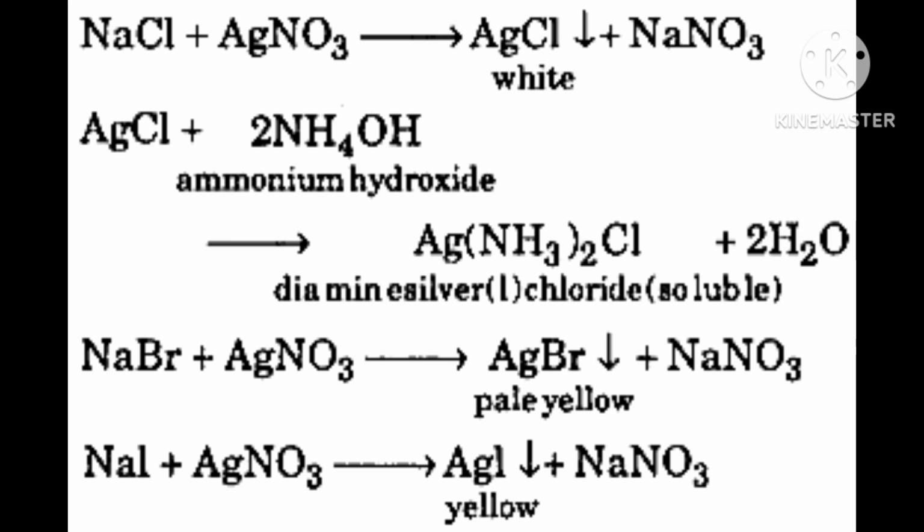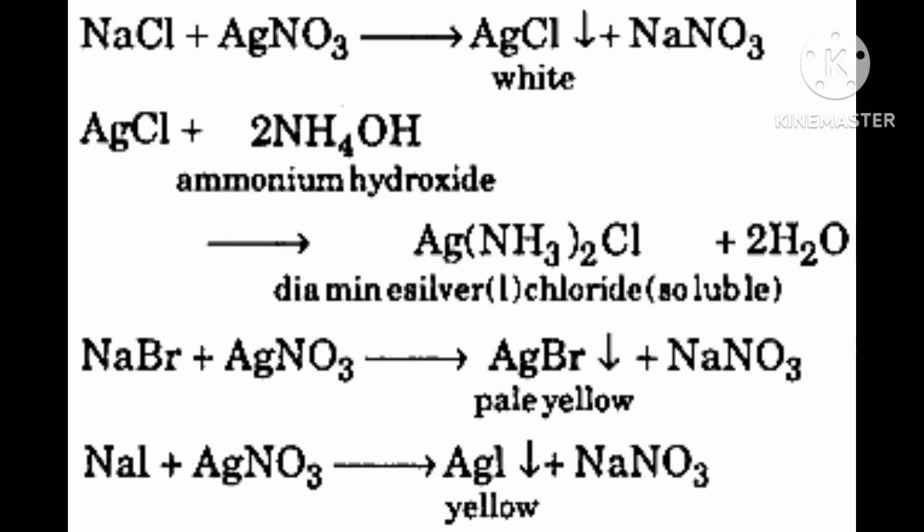AgNO3 will directly react with X minus, meaning Cl minus, Br minus, F minus, I minus, and form AgX. The simple reaction is AgNO3 plus any X minus gives AgX. Ag plus and X minus form AgX, and you will get a precipitate.